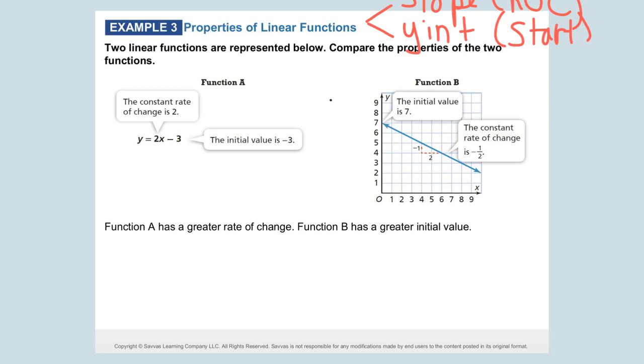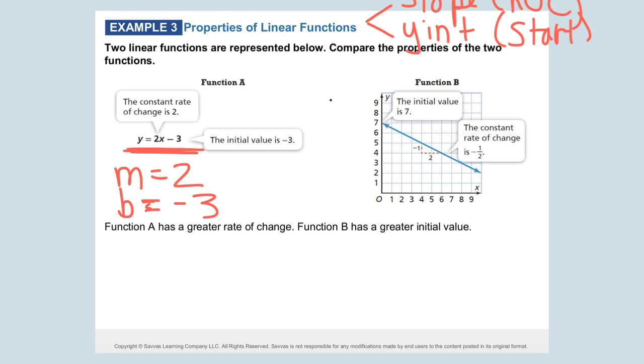Now, should we be given an equation like this one, easy peasy, the slope is 2 and the y-intercept is -3. But we won't always be given an equation. Sometimes we've got to work for it. And so we are given, in this case, function B as a graph.